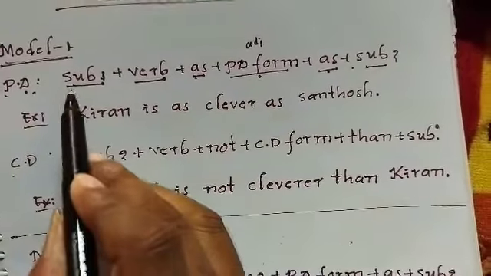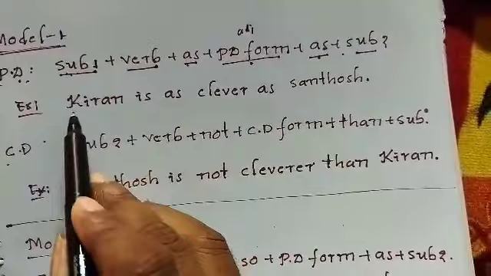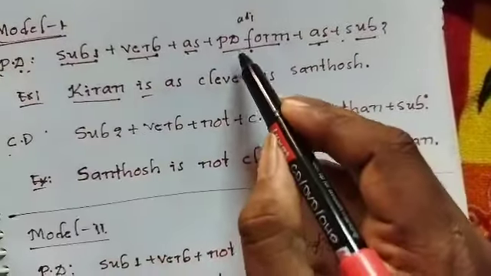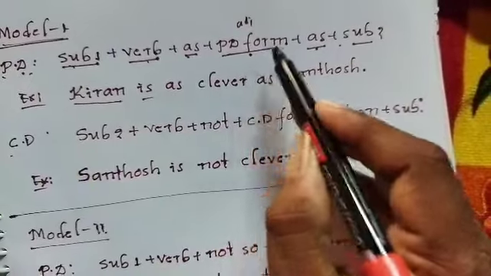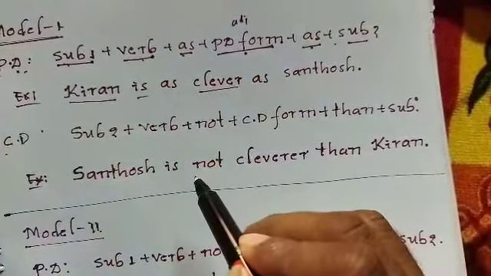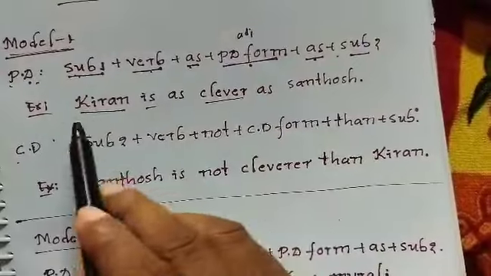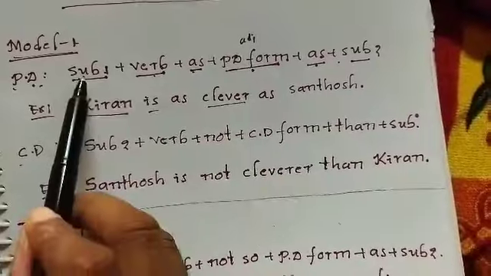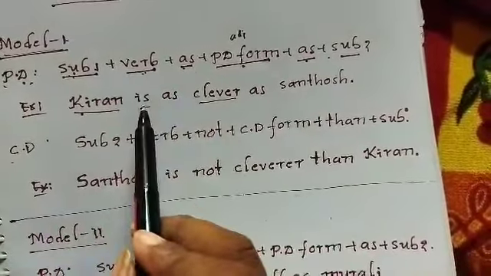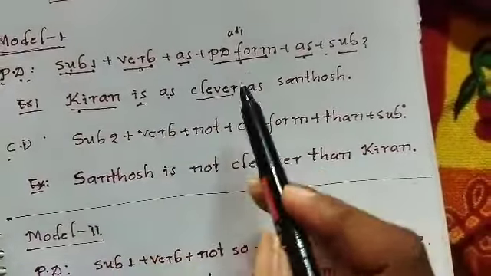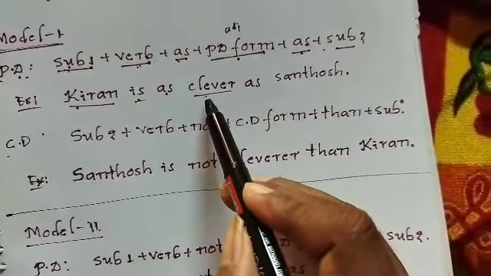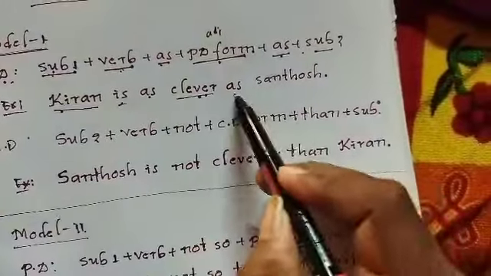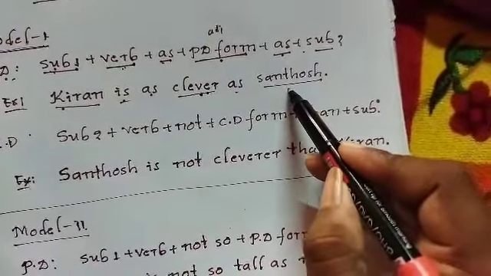See here, subject 1 is Kiran, verb is, and the PD form is clever. According to the structure, I am writing the sentence: subject 1 is Kiran, verb is, as PD form, I have taken clever, as Santosh, subject 2.